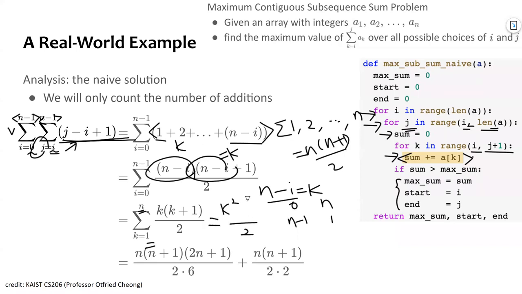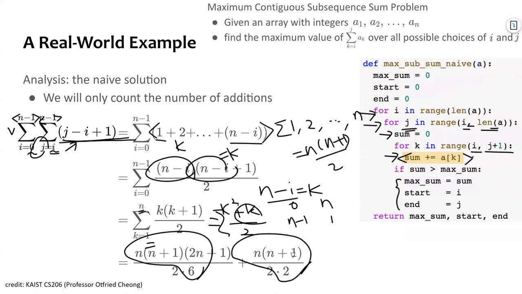And when we expand this one it is going to be k squared plus k. And we know from high school mathematics that summing these k squared corresponds to this one, and k becomes this one, right? And because we have division by 2, that comes here, right?